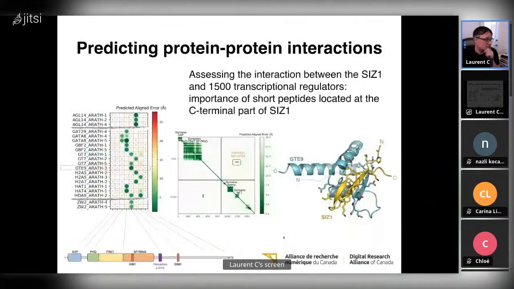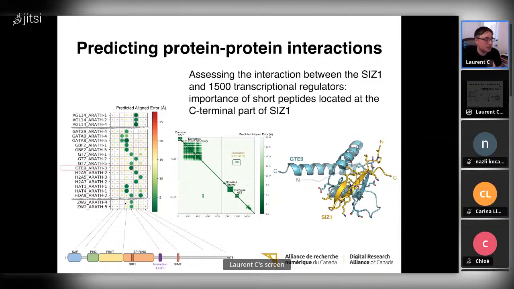So just as an example from my lab, we have the scripts that will look at the PAE for different regions for potential interactions, and we can sum up all of this information in really small tables that allow us to say what are the potential interactors with one or another region of the protein.